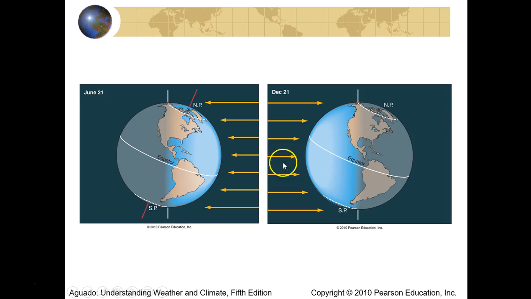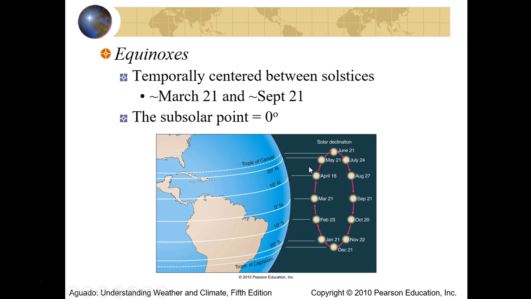So you should be able to recognize, even if these labels weren't here, this would be the summer solstice because the northern hemisphere is tilted towards the sun, and you would know that this is the winter solstice because the southern hemisphere is tilted towards the sun.